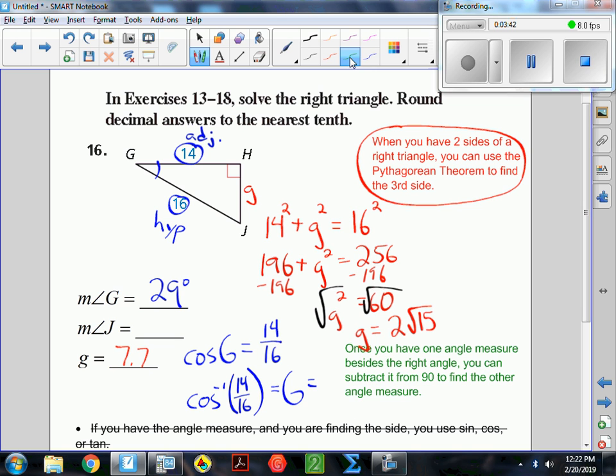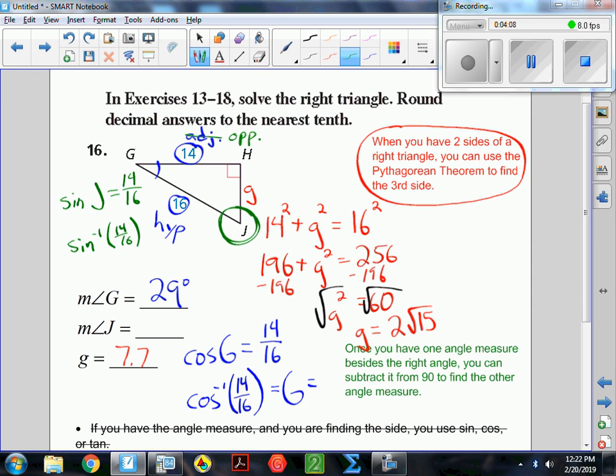Then to find the measure of angle J, I could do the same thing, but instead of cosine, I would be using sine. From J's perspective, instead of the adjacent, this is the opposite side. And so I could say sine of J is equal to the opposite, 14, over the hypotenuse, 16. And I could then do the inverse sine of 14/16.